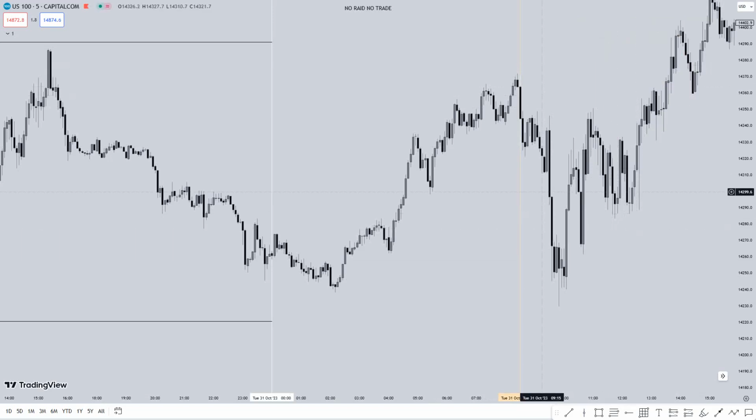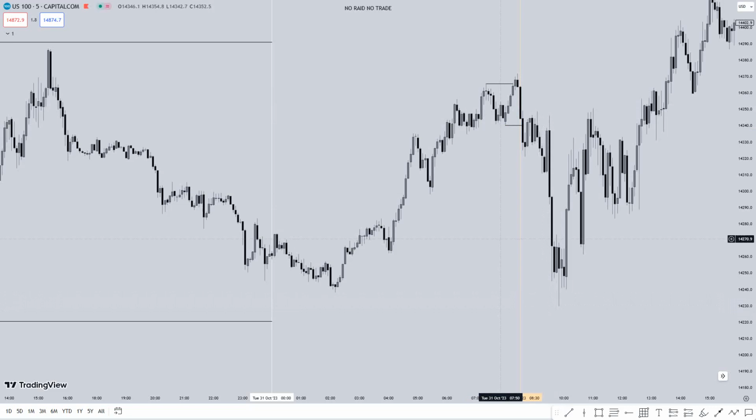So once 8:30 hits, some people may look at this as a high being taken out right there, and then price trading lower, taking out a low, being a shift, and then wait for price to fall in that fair value gap and trade lower. You can do that, but just keep in mind that it will be short-lived.